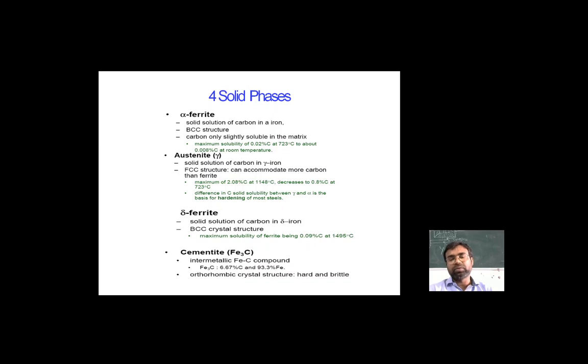So further moving to the next solid solution, that is called austenite, gamma ferrite, gamma austenite, that transformed from the BCC to the FCC at approximately 1148 degrees centigrade.